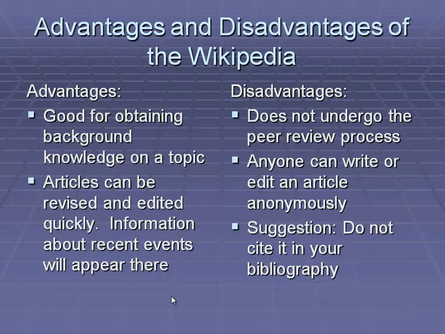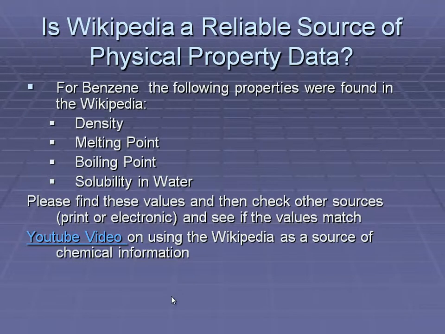There is a lot of information on chemical substances in the Wikipedia, and I'm happy to say there's actually a YouTube video about using the Wikipedia as a source of chemical information. It seems that it's become very reliable in recent years. I have a link to it on my page where you can look at that source.